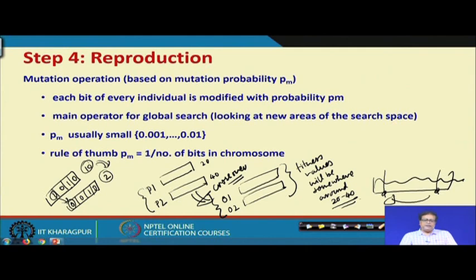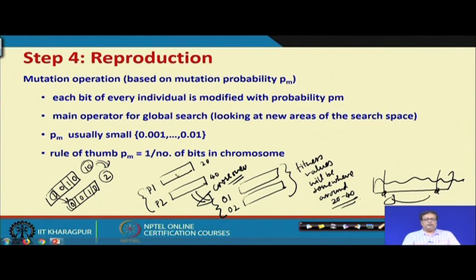But keep in mind that too much mutation will again throw the selection pressure out of gear, where the solution was converging, the convergence may be lost. So, that is the disadvantage of a very high value of mutation. So, mutation probability should be low, in fact very low. It is somewhere between 0.001 and 0.01.